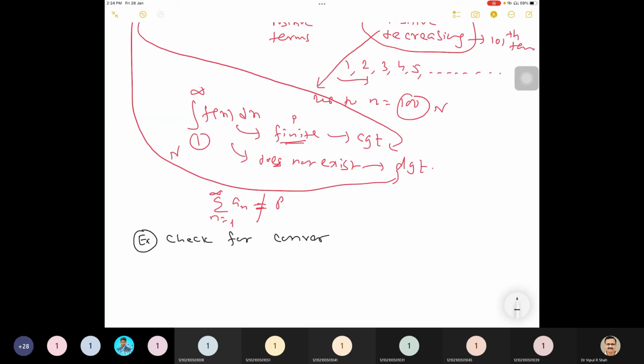Check for convergence. Series n equal to 1 to infinity, 8 tan inverse n upon 1 plus n square.